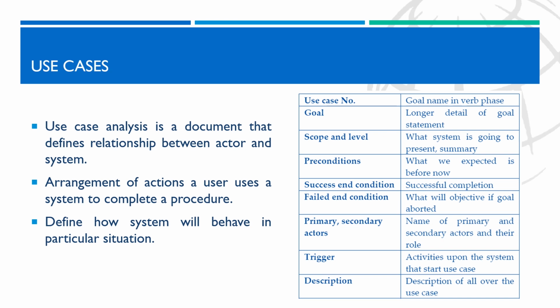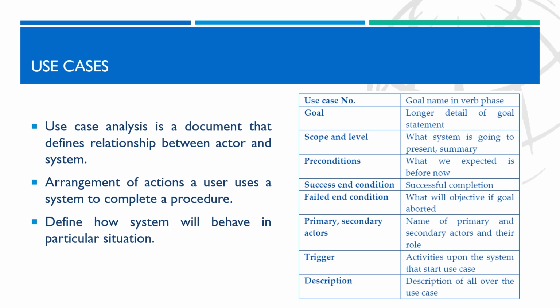The system is treated as a black box, in which the actor interacts with the system for a purpose or goal without knowing about the internal system. There is an example of the format of a use case description in the picture in the slide.